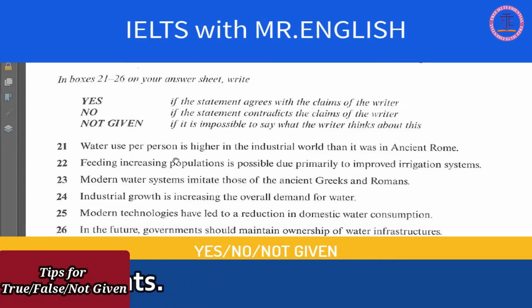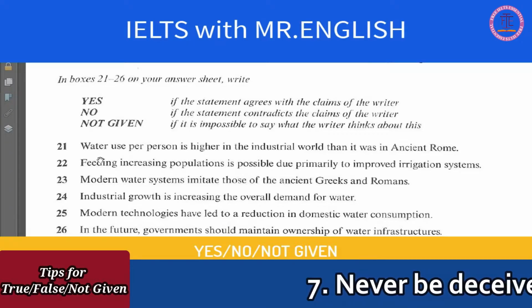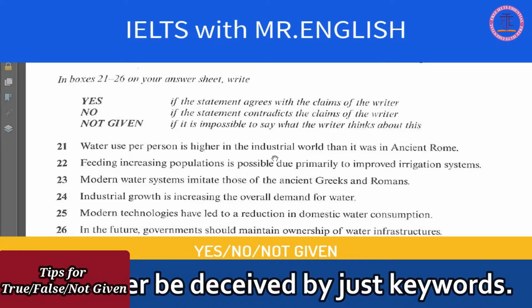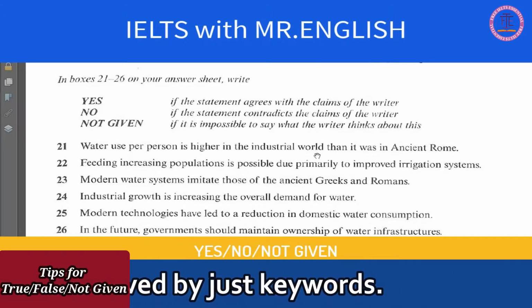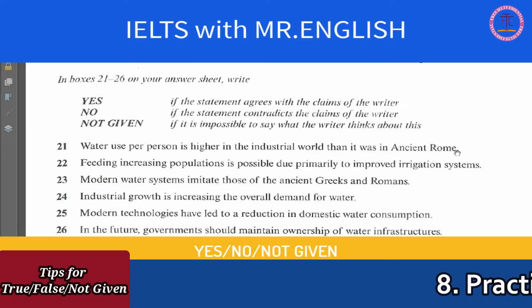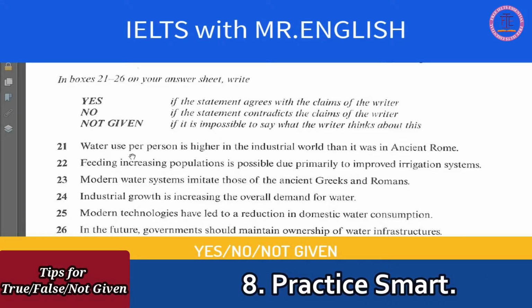First of all, find which important word would be there. Okay, so water use per person is higher in the industrial world than it was in ancient Rome. I believe just go for this word, ancient Rome. There you can find the water use.